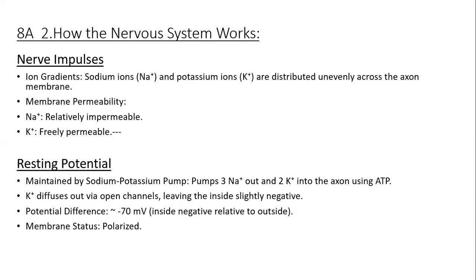Now, you have to know the role of sodium and potassium in nerve impulses. These ions are very important for the generation and transmission of the nerve impulse. By their movement, they can generate changes in the voltages, thereby producing the signals.